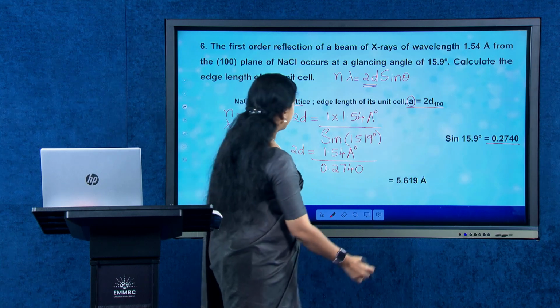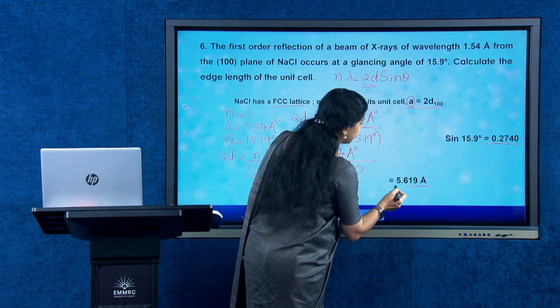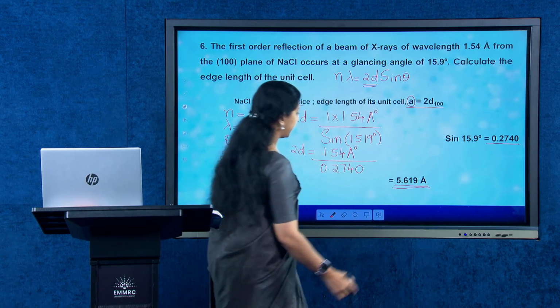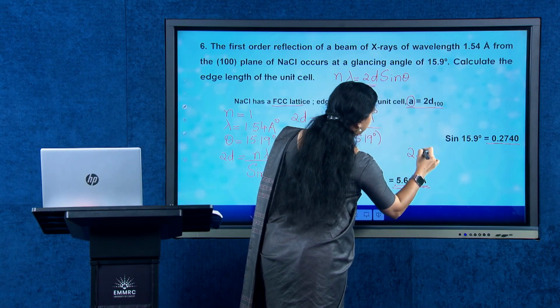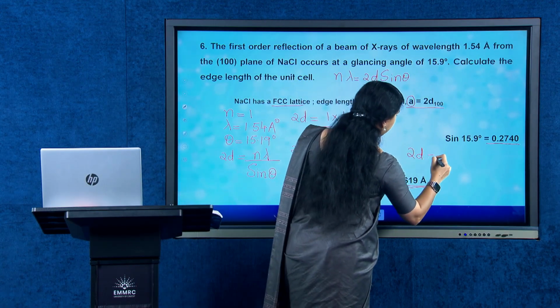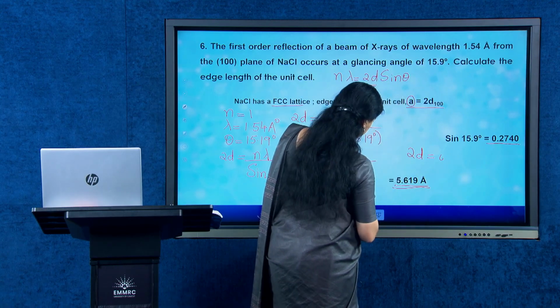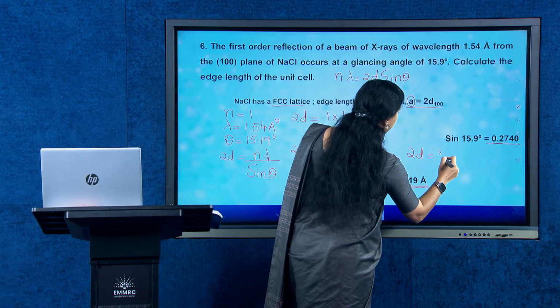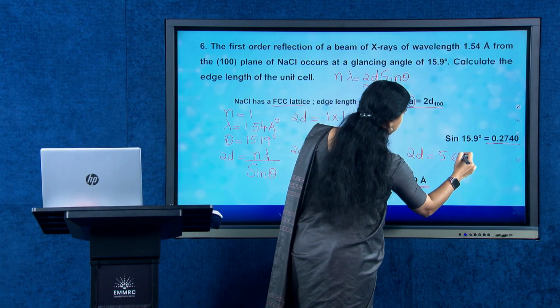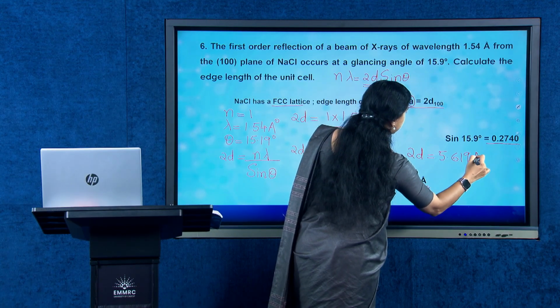So, that will be equal to 5.619 angstrom. Okay. So, we got 2d is equal to 5.619 angstrom.